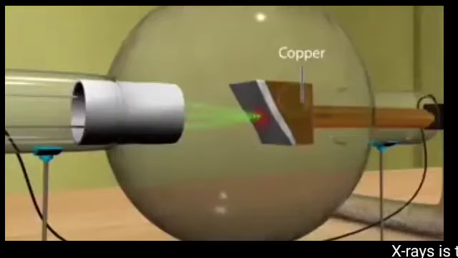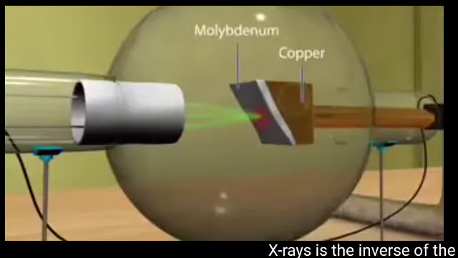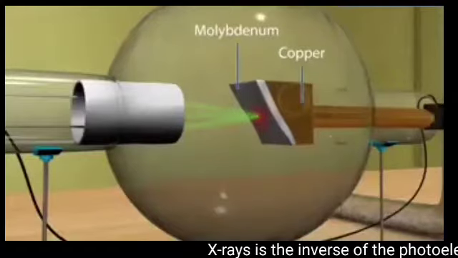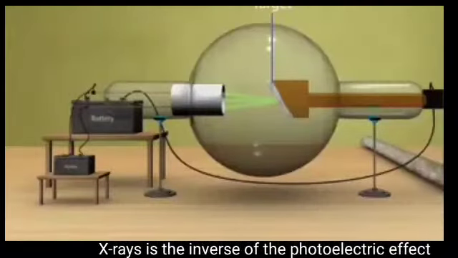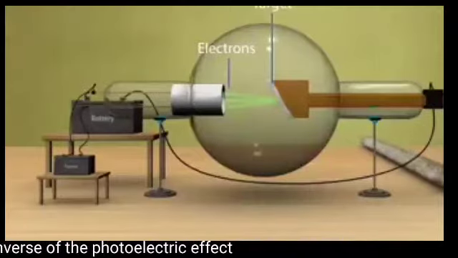Now, let's look at the production of X-rays. When current flows through a filament, electrons are emitted from the surface of this filament. These electrons are accelerated at a very high voltage and low pressure in an X-ray tube.